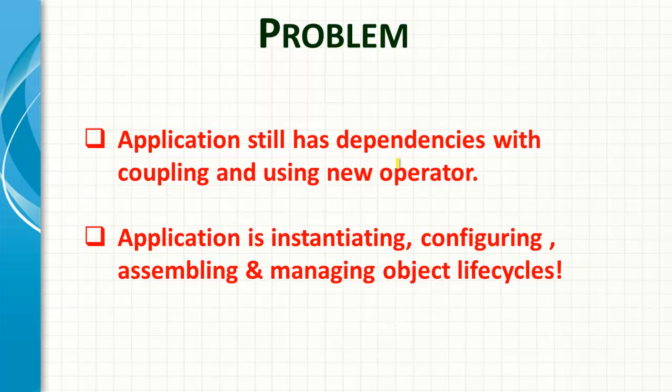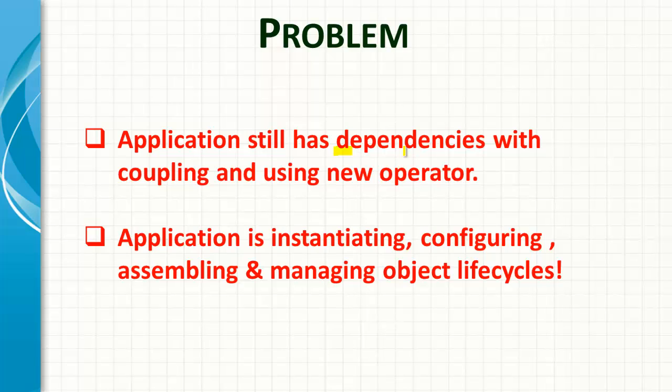So you still have a problem: although it is loose coupling, you are still using new operators, and apart from that your code is managing the beans, doing the instantiation, the configuration, the assembly. You're writing pure Java code to do all these things.